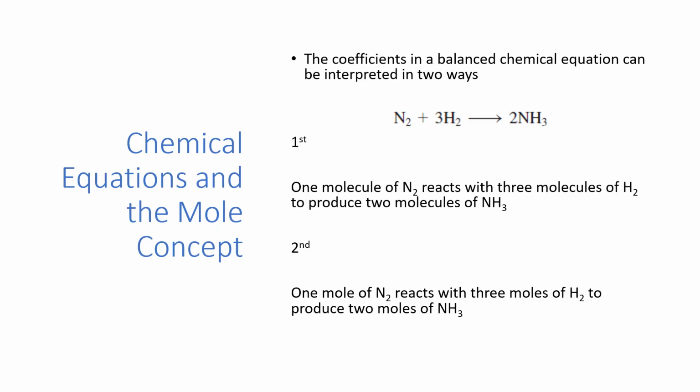Now, you can also interpret it as 1 mole of N2 reacts with 3 moles of H2 to produce 2 moles of NH3. So same concept with the previous lecture. Dito ang naiba lang is instead of subscript yung ginagamit natin, ang ginagamit natin is yung coefficients. Okay? So next.